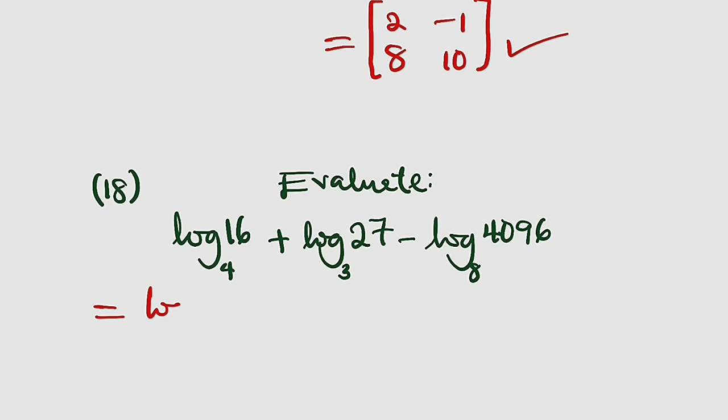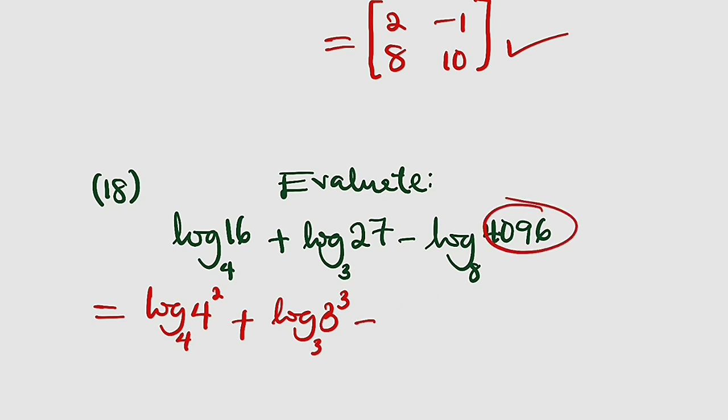So this is equal to log of 4 squared, still in base 4, plus 27 is 3 to the power of 3. So this is log of 3 to the power of 3, still in base 3. The minus, this is 8 to the power of 4. So we have log of 8 to the power of 4, still base 8.